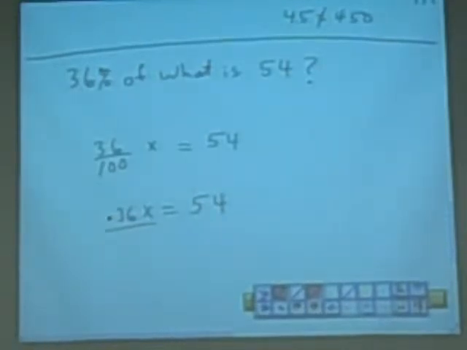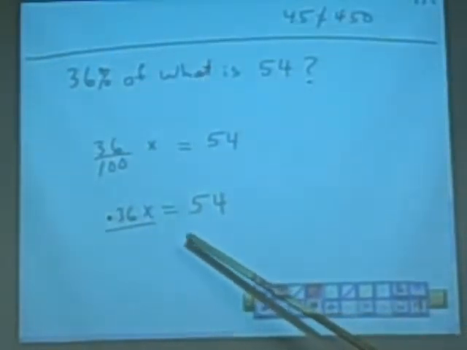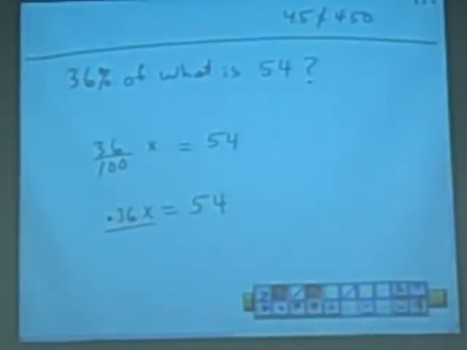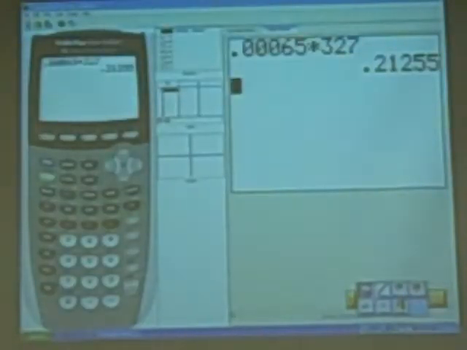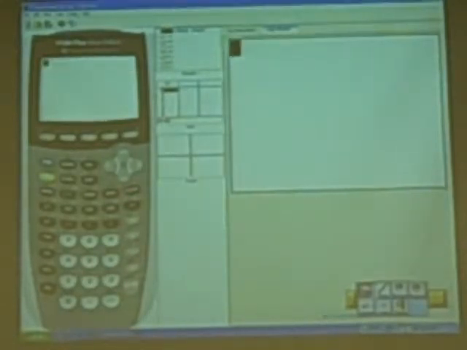So since we're multiplying 0.36 times x, we have to divide to isolate that x. So we're going to divide 0.36 to both sides. And so let's see what that looks like on the calculator. So that'll be, clear this first. And so that'll be 54 divided by 0.36.